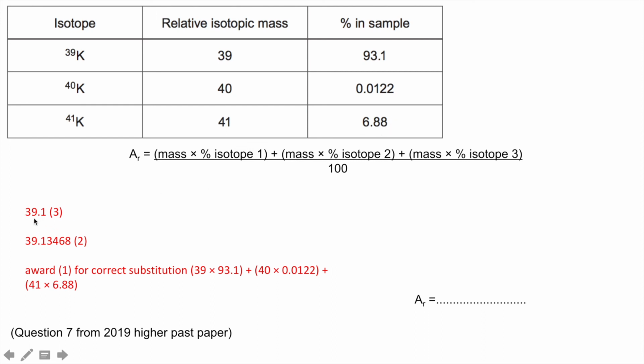And to 3 sig fig, that would be 39.1, and always assume 3 sig fig. That is a fairly safe bet. Unless stated otherwise, assume 3 sig fig. However, if you do 39.136468, you still get 2 marks. And if you just do the correct substitution without actually getting the final answer, you'll get 1 mark.